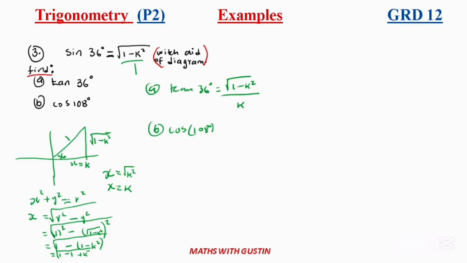Okay, so now if you try to break this thing down, guys, you say, this one is on which quadrant? Where is 108 sitting? 108 is sitting here in the second quadrant, where you're going to have 180 minus 72, which will give you 108. So now this will give you negative cos 72.